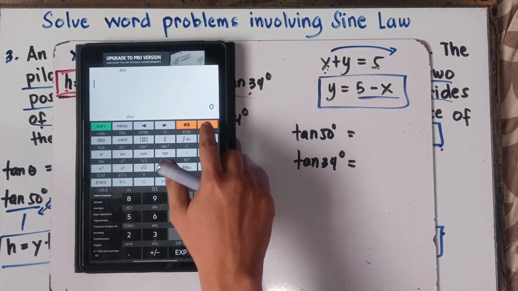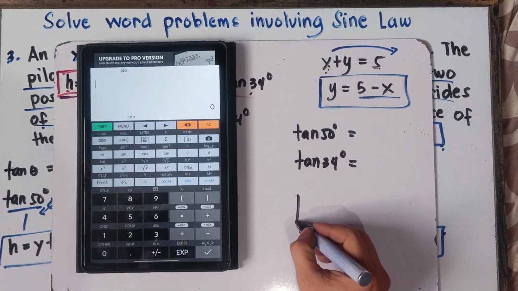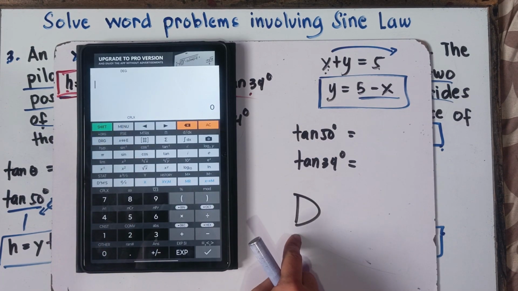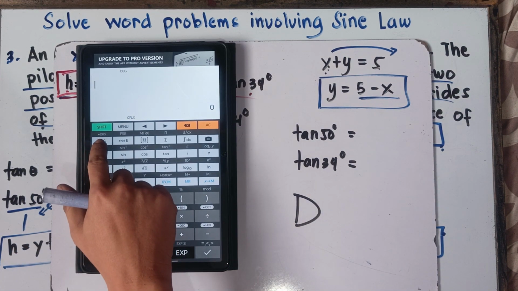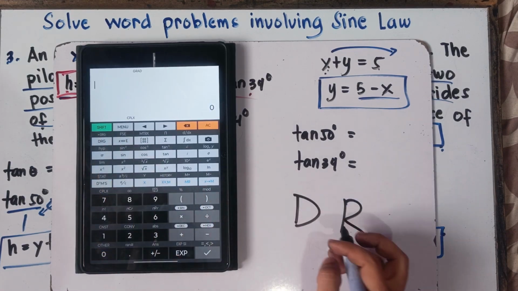Now once again, class, in your calculator, make sure that you see letter D, which is degree, because in some cases your mode is gradient. You will see R, radian, and then G, gradient.